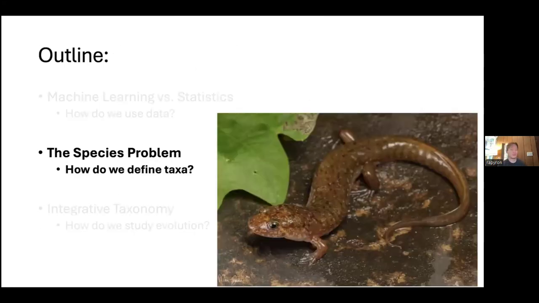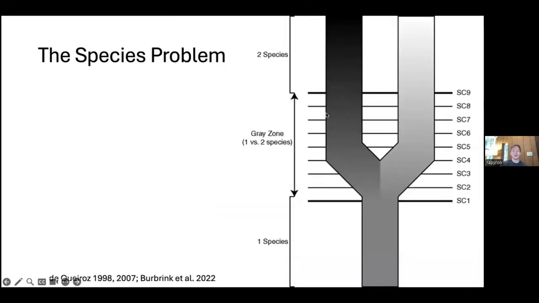And so with just that brief introduction to the methods that we're using here, now I'll shift a little bit to something that most of you have probably thought quite a bit about, the idea of what we're actually trying to get at when we define taxa. When I'm thinking about the species problem, I think less these days about species concepts, which tend to be in a more operational context.